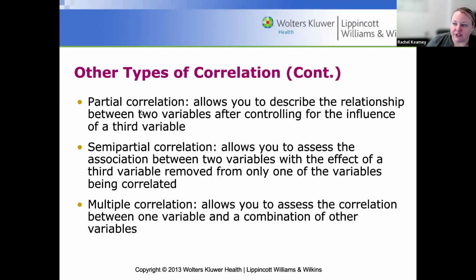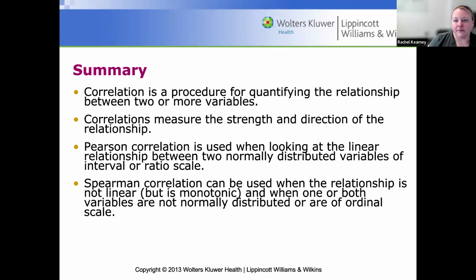There are partial correlations, where you can describe the relationship between two variables, controlling for a third variable. There are semi-partial and multiple correlations. So there are lots of different ways that you can do correlations. We're just going to do some of the basic calculations for this course.